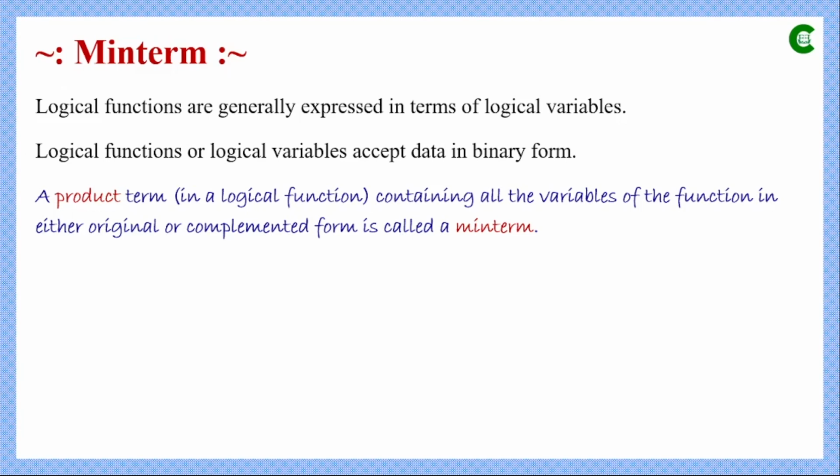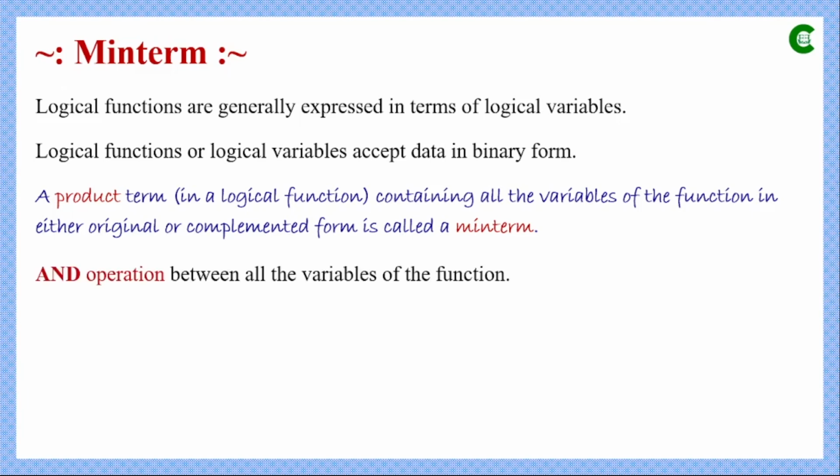These variables can be either in original form or in complemented form, and there could be many combinations among them. The product containing all these variables, whether in original or complemented form, is called a minterm, and there could be many minterms depending on how many logical variables we are using for that function or logical circuit.